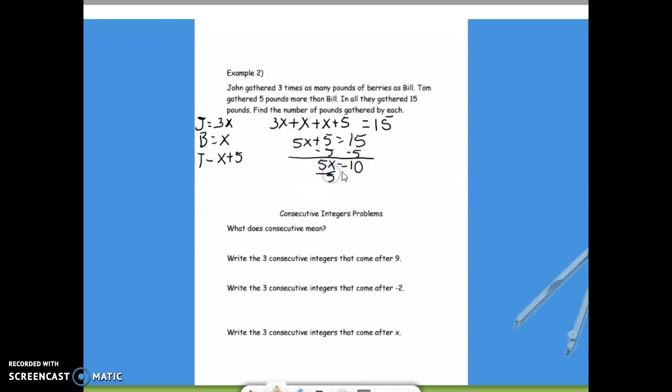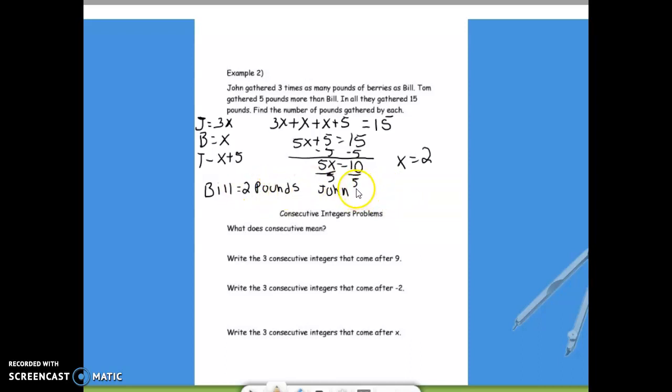So we're going to divide. So x equals 2. Now who is 2? Well, Bill. So Bill has 2 pounds, right? John, well, 3 times as many. So 3 times as many, 3 times 2.